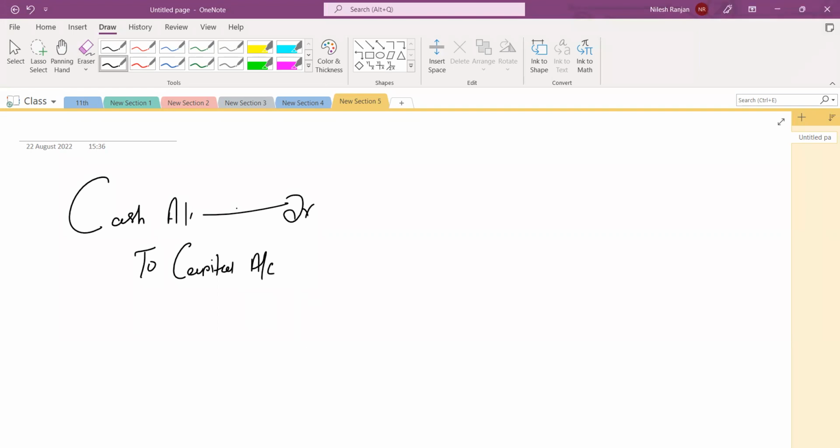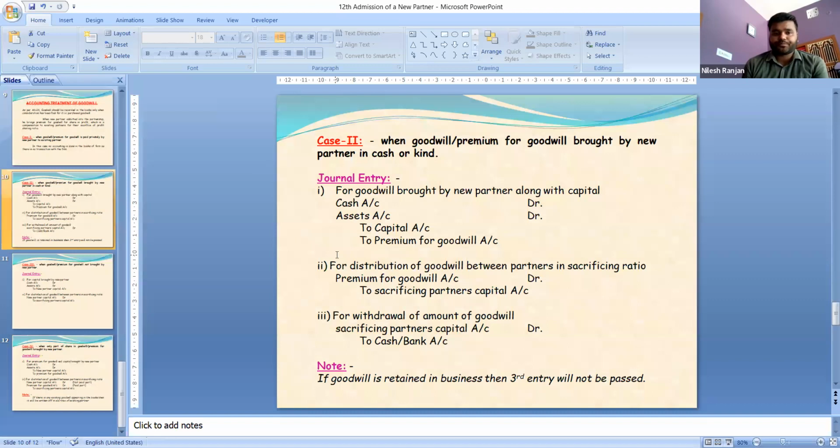So if we move here, we can see that when goodwill or premium for goodwill is brought by new partner in cash or kind, if something is brought by new partner, then in business it is a real account and it is coming into business. Real account rule is debit what comes in, credit what goes out. So if something is coming into the business, we write it on the debit side.